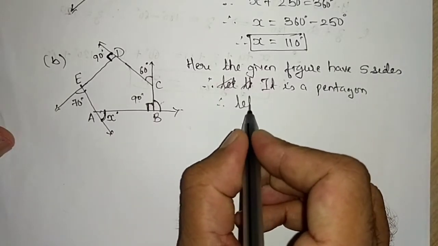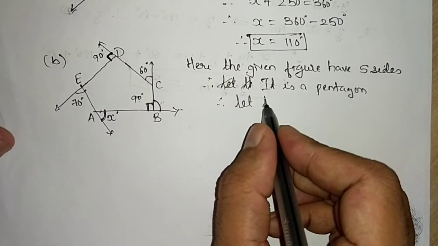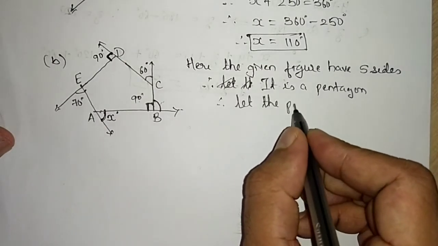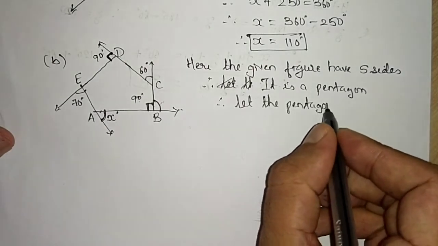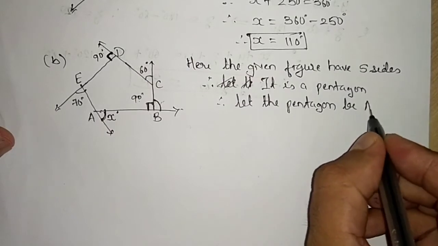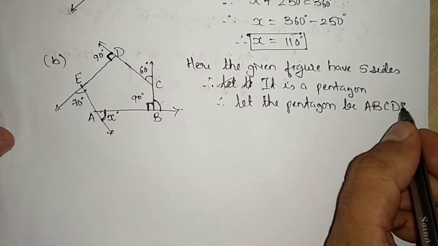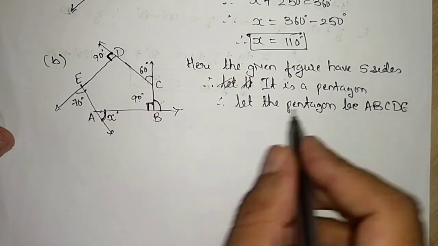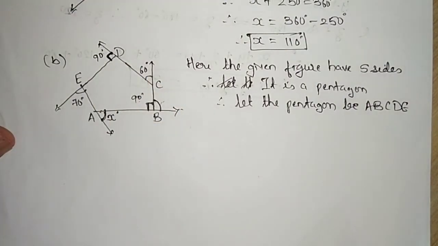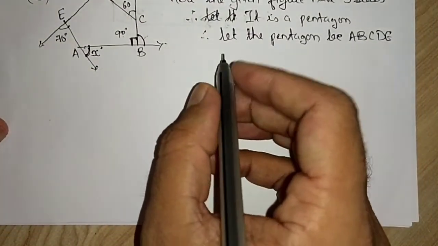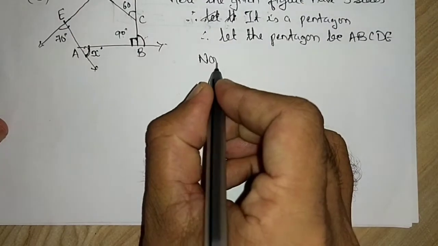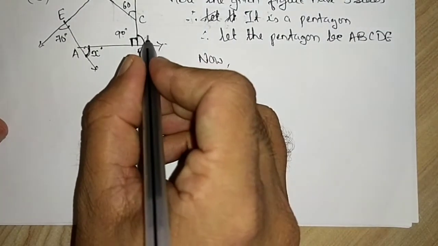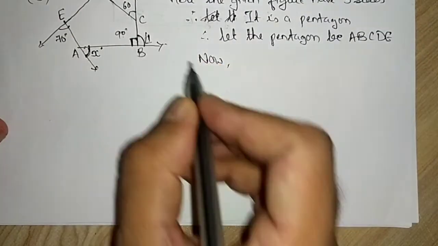Therefore let the pentagon be A, B, C, D and E. Now let me give this angle as 1.